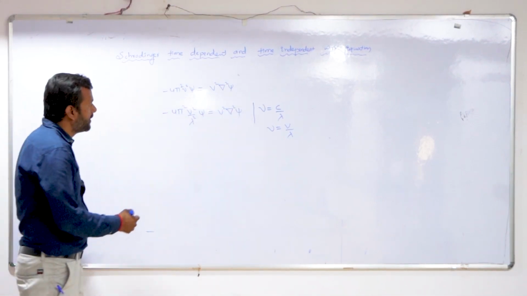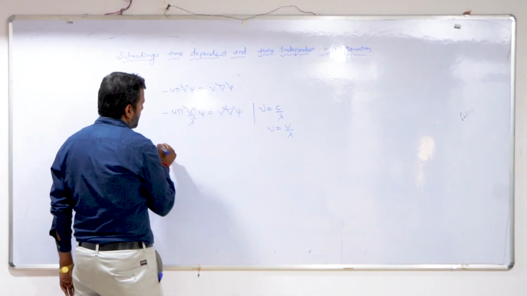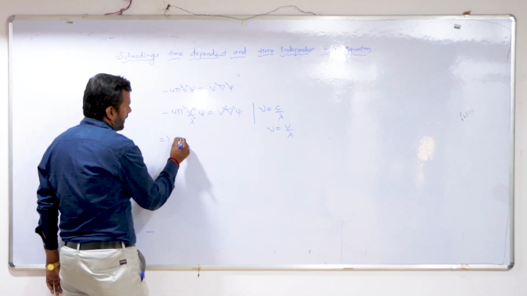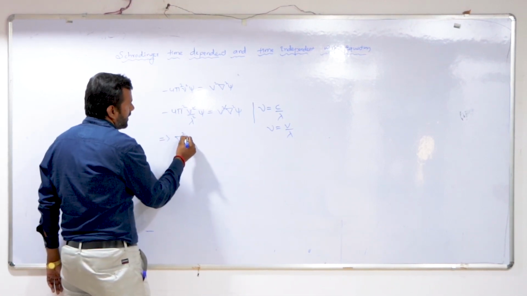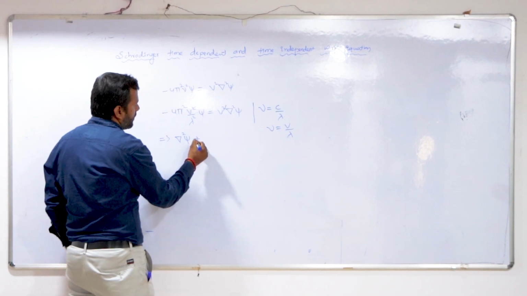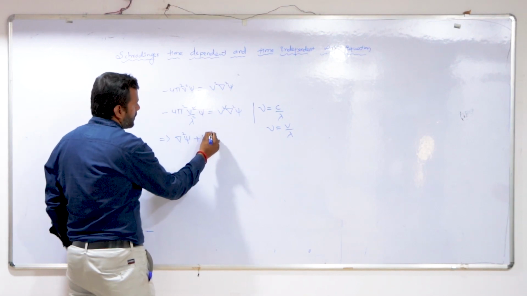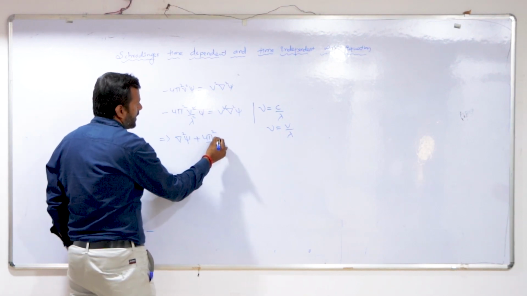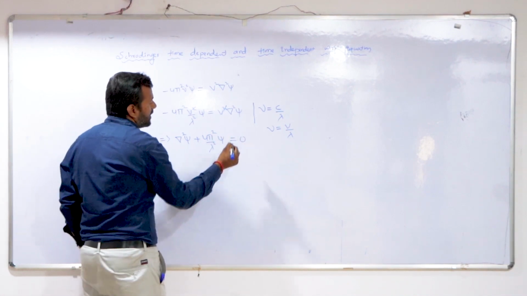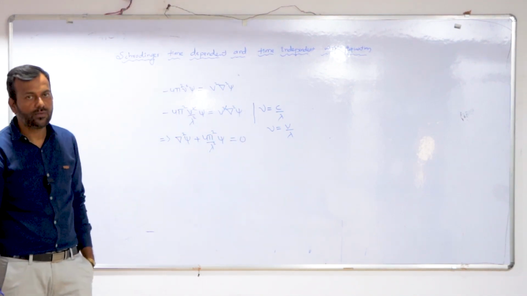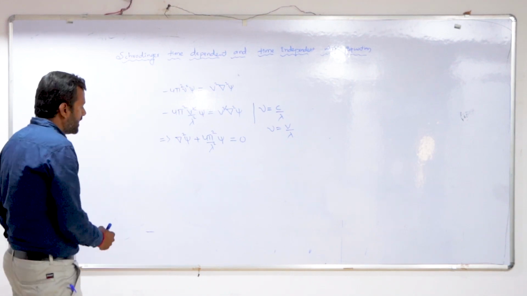So this v square will get cancelled. This equation will become del square psi plus 4 pi square by lambda square psi, which is equal to 0. Now we'll come to the energy of this system.